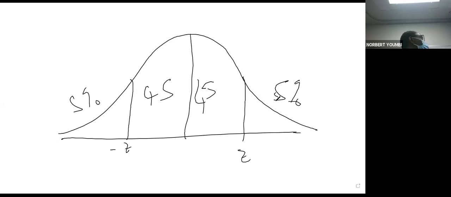So you use 0.05 as the left area of minus z. Once you get the value of minus z, you know what z is.